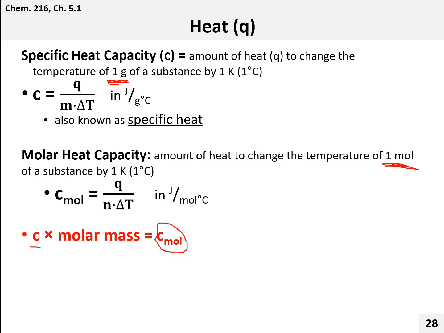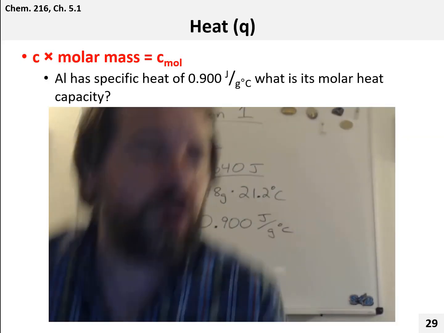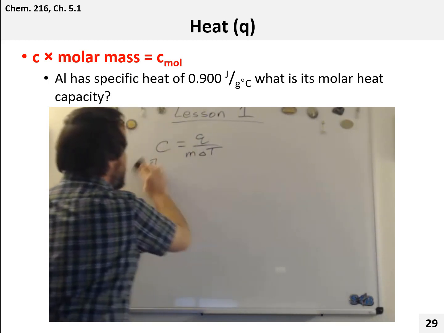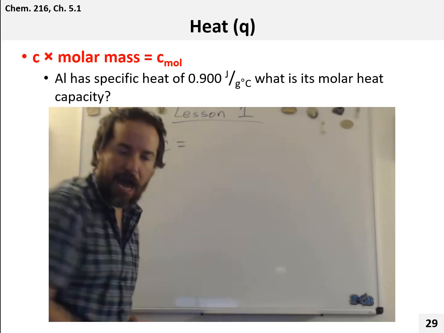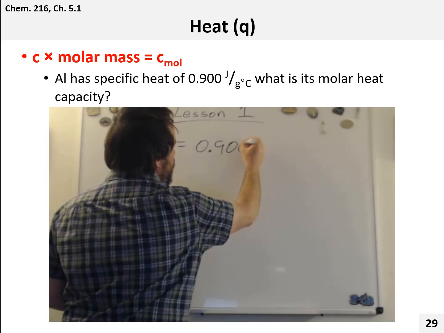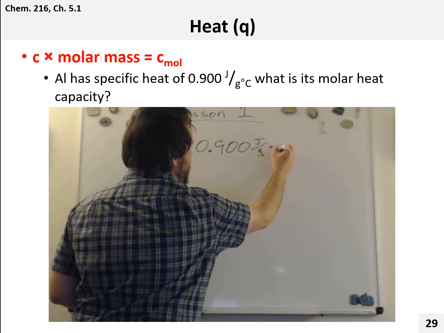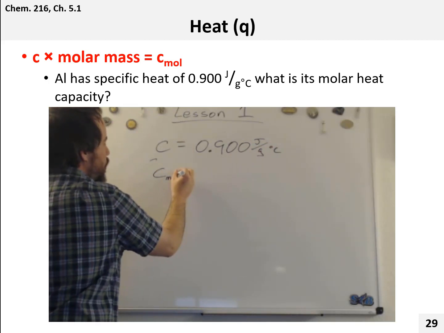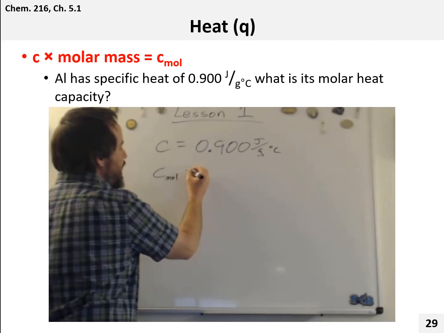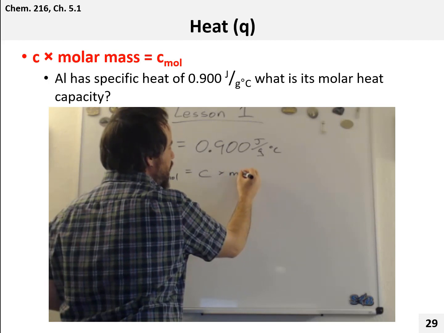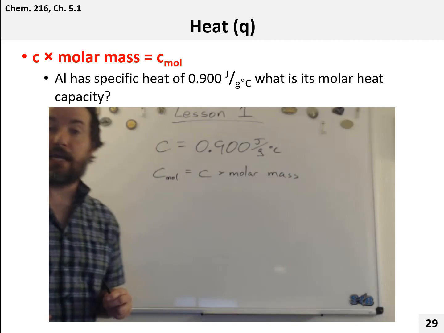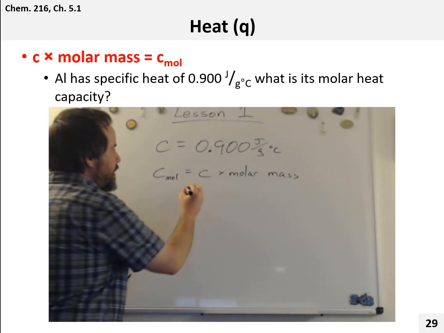Why is this possible? Well, let's look at it for aluminum. Okay, so aluminum, we calculated its specific heat capacity is 0.900 joules per gram degrees C, and we want to know its molar heat capacity. Well, what I can do is I can take this, multiply it by its molar mass, and that's going to get me my molar heat capacity.